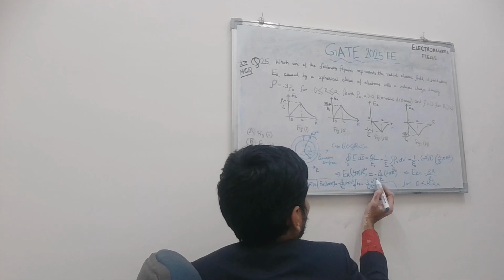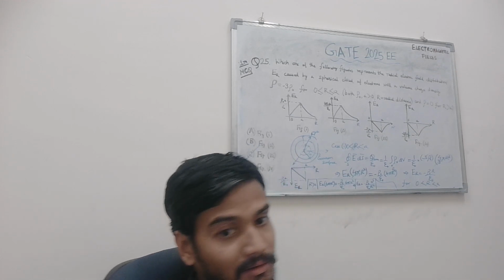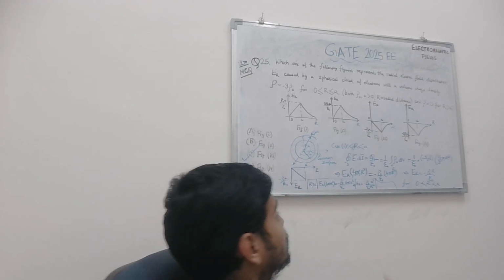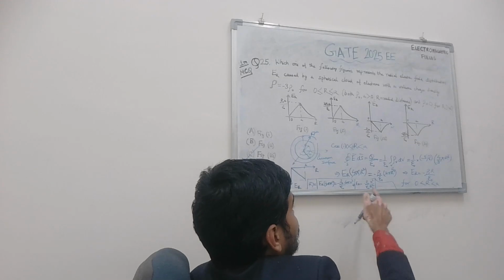So this is the equation for r greater than a, minus rho naught a cube by epsilon naught r square.